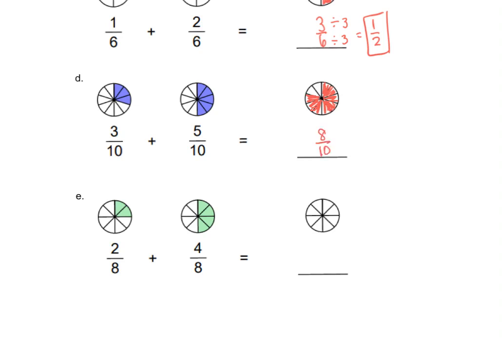Again, those both being even numbers, I can cut those both in half and get 4/5. And then the last one, 2/8 and 4/8 is going to give me 6/8. And you can kind of see visually that gives me 3/4. But again, I can cut them both in half, dividing them both by 2 to get 3/4.